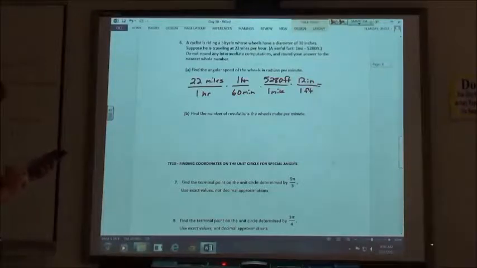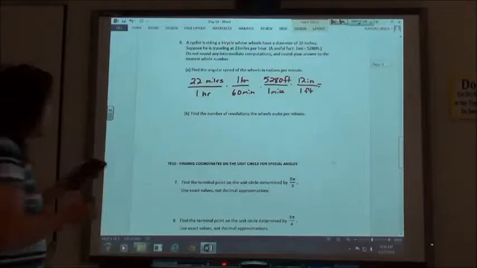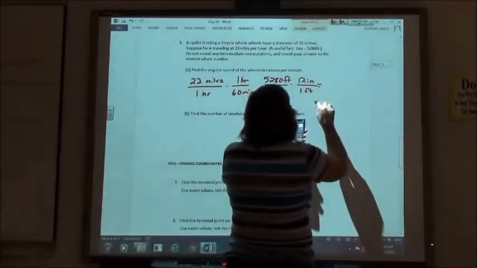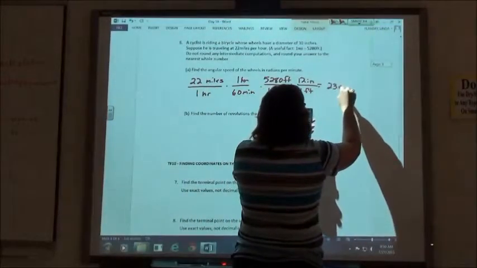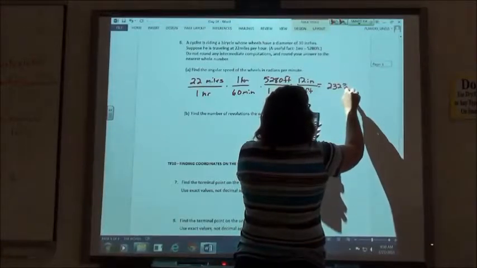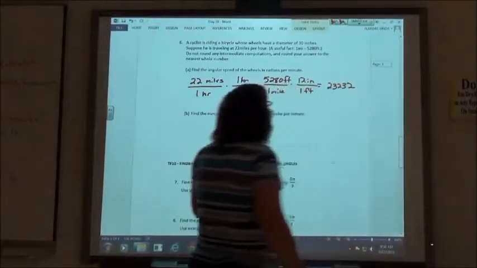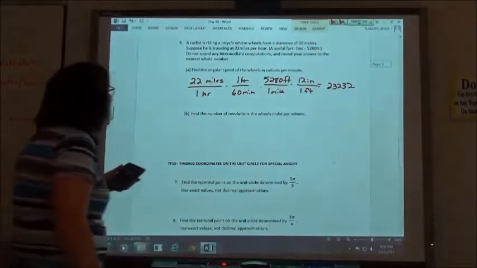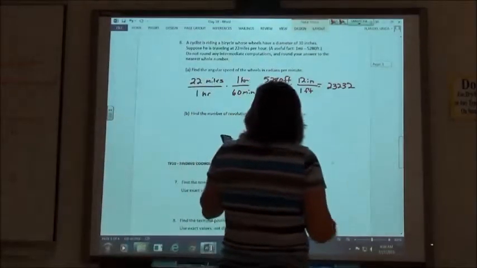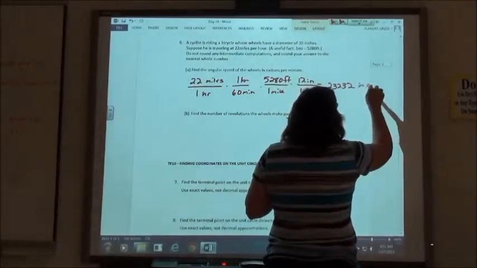I'm going to go ahead and hit equals. I'm going to divide that by 60. So we have 23,232. This is in inches per minute.